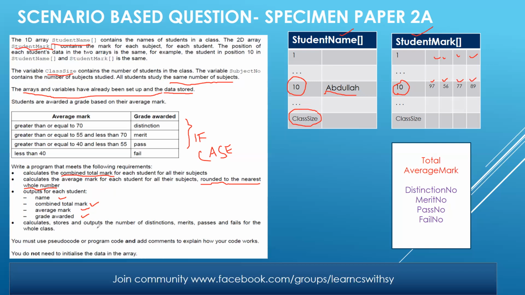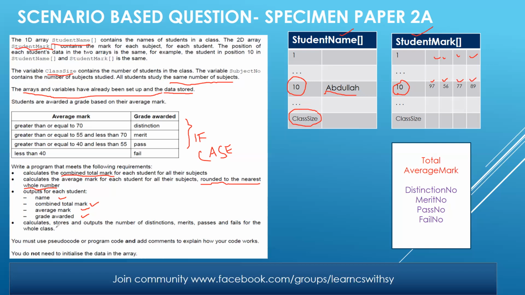Calculates, stores, and outputs the number of distinctions, merits, passes, and fails for the whole class. Now see, calculates, stores, and outputs the number of distinctions. It means here I need to have which concept? The number of distinctions, merits, passes, and fails. That's great. Wonderful, Ari.